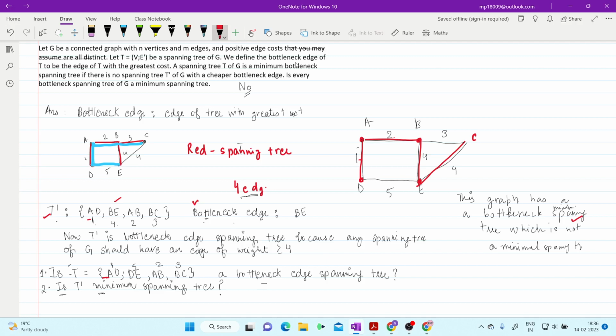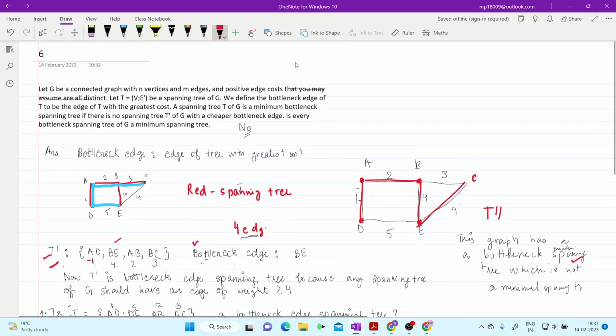But this T prime that we have already constructed earlier has lower weight than this new T double prime. So we see that any minimal bottleneck spanning tree need not be a minimum spanning tree. So this was the question.